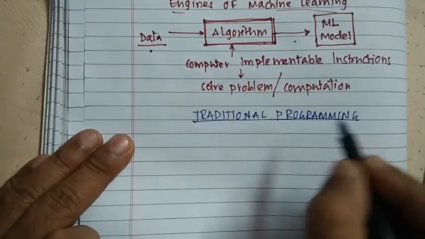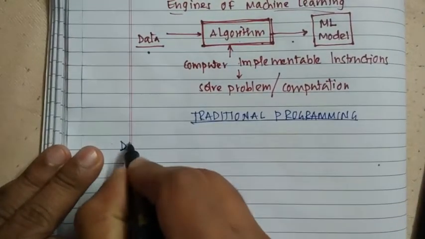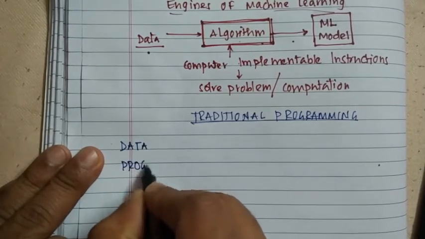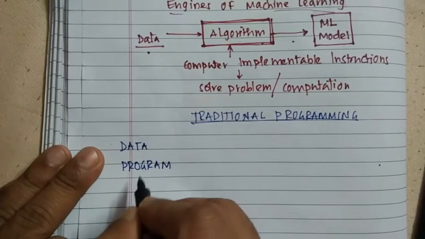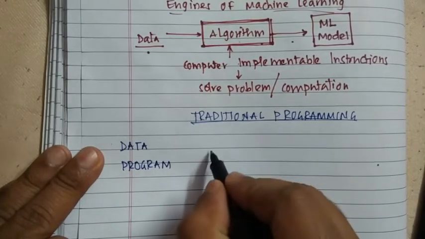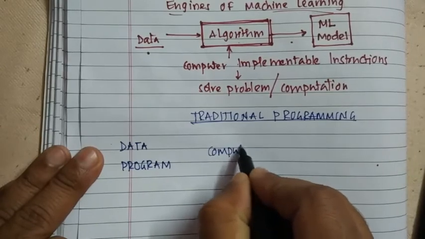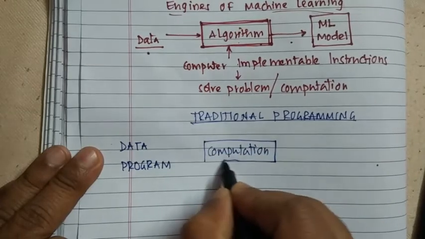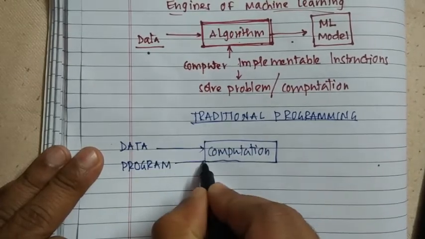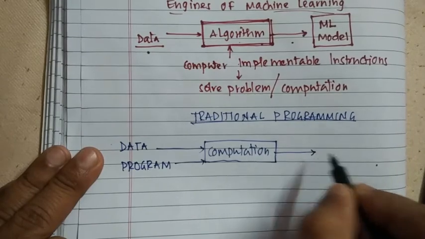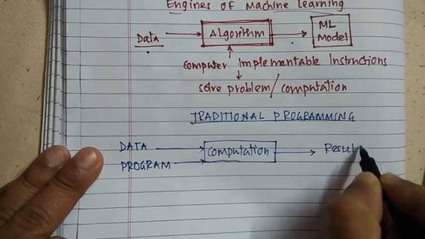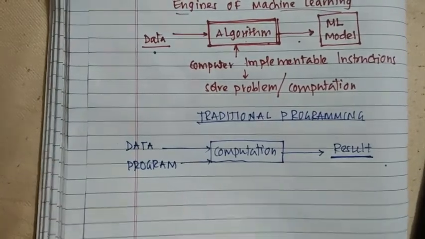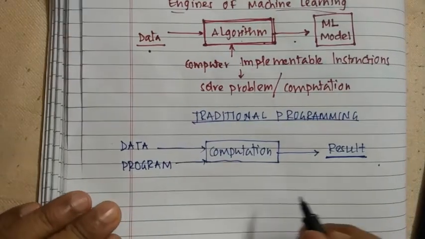In traditional programming, we give data and we provide a program, and it is given to the computer. Then the output from this is a result. What we want is the result, the solution. This is traditional programming.